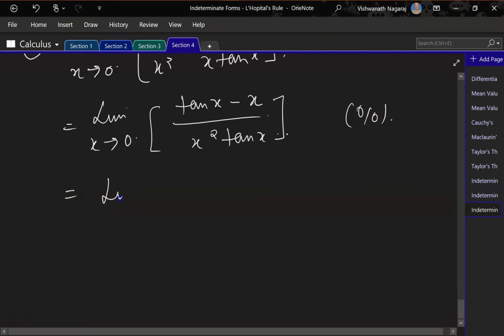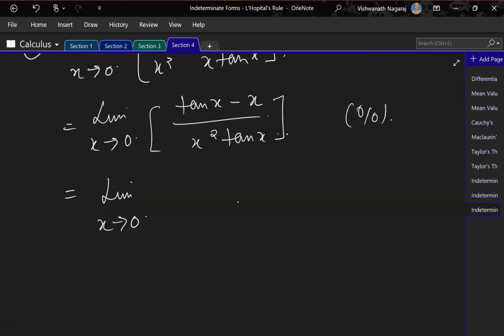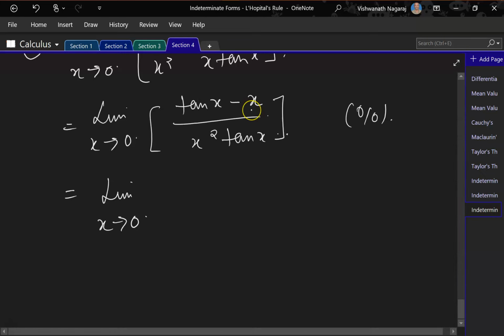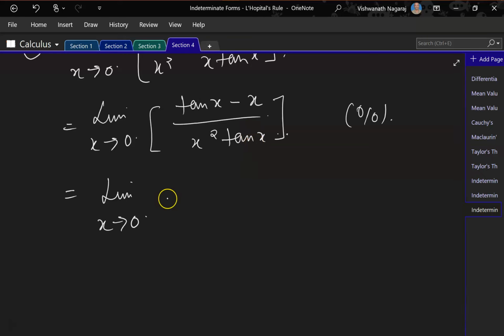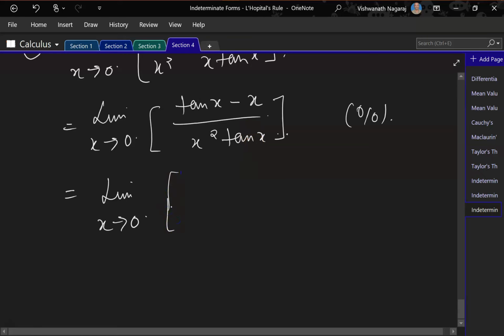Now how do we go forward? Remember, x by tan x is 1. So let's split them up. So tan x by tan x minus x by x square times 1 by tan x. Now what do I do?